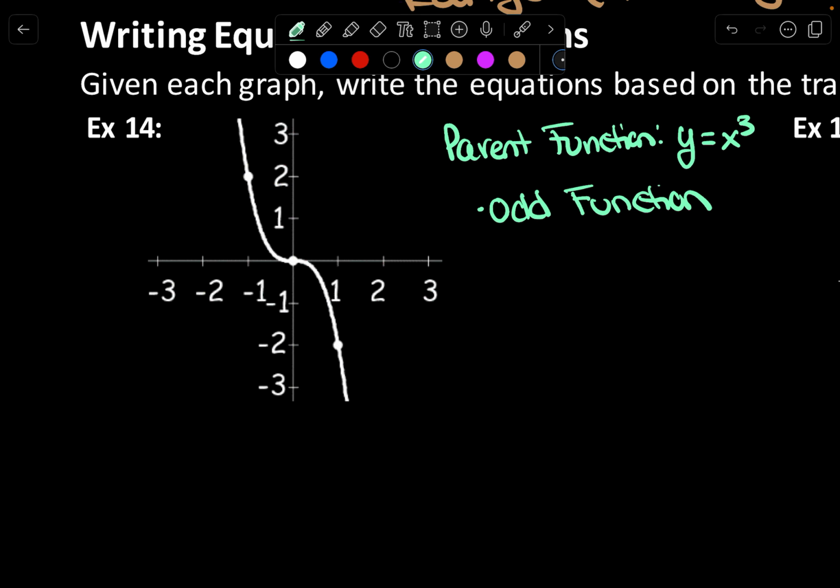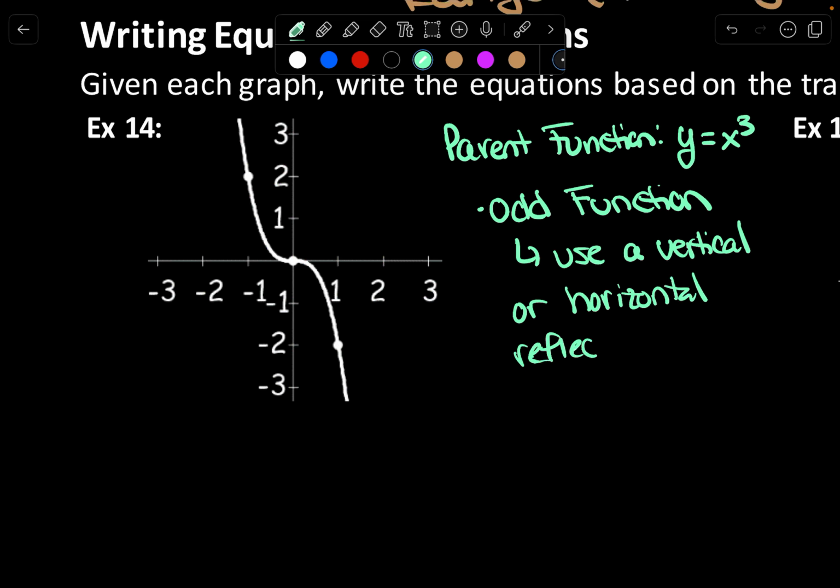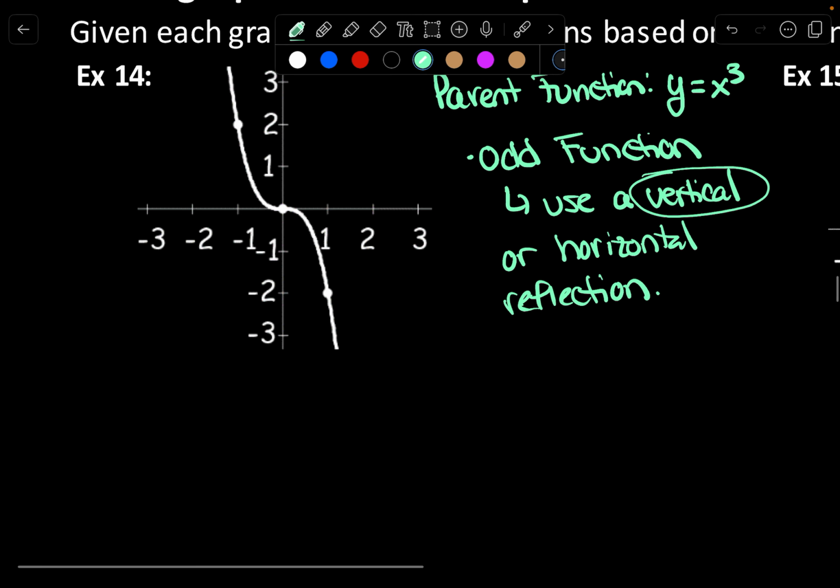For odd functions, there is a type of reflection here, but you can use a vertical or horizontal reflection. Because it has that odd relationship, you can use either one. I'm going to use the vertical for this first one, okay?